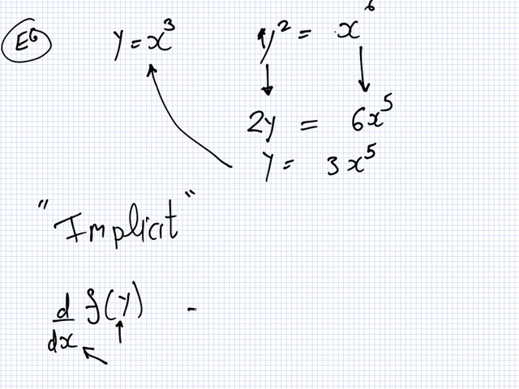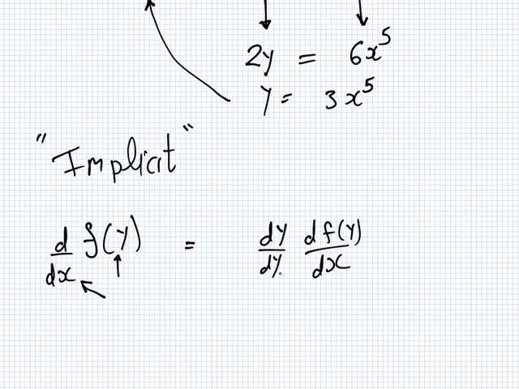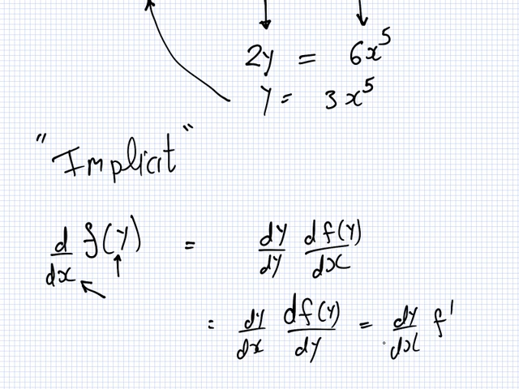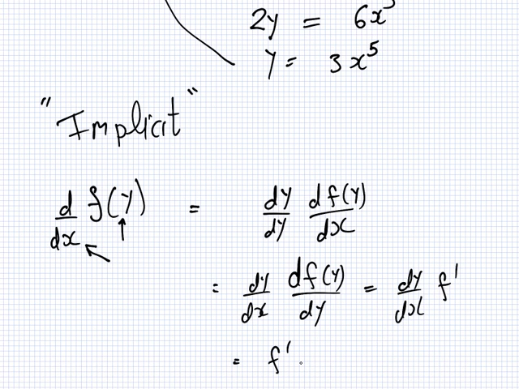Yeah. But you could do a little bit of a change here. You could say dy over dy, which is 1, times df over dx. So I've just multiplied by 1. Why is that useful? Well, I can swap the bottom two because I'm only multiplying. So I end up with dy over dx times df of y over dy, which in other words is dy/dx times f derivative, or basically f derivative times dy/dx.